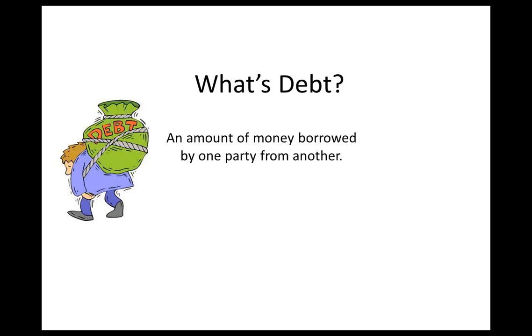Another definition, which is much simpler, says that debt is an amount of money that is borrowed by one party from another. But why do we need it? We have seen this picture, that yes, we are borrowing some money and we are in this situation. Then why do we need to borrow something?